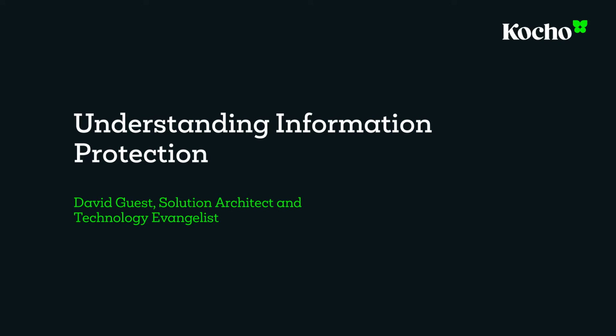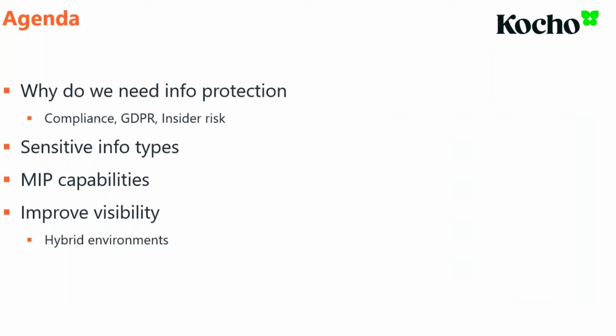an hour. So what we're talking about, well, first of all, why we need information protection, what it is around compliance, regulation, and a bit about insider risk that we'll be coping with right at the end. We're looking at sensitive information types, everything from national insurance number and driving licenses through to communicable diseases, which is one of the things that's in there.